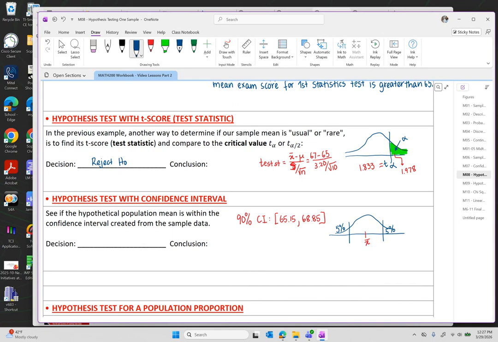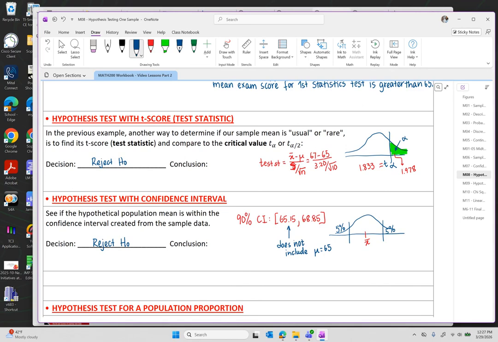And this confidence interval does not include the theoretical mean exam score, which was 65, and therefore I have evidence to reject the null hypothesis.